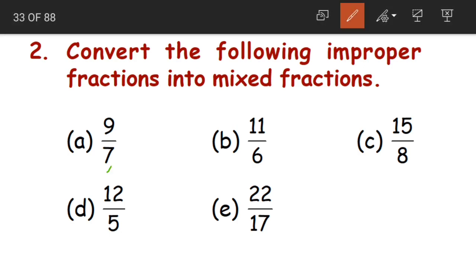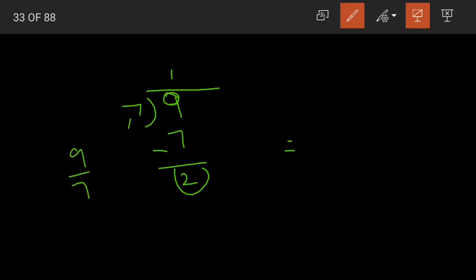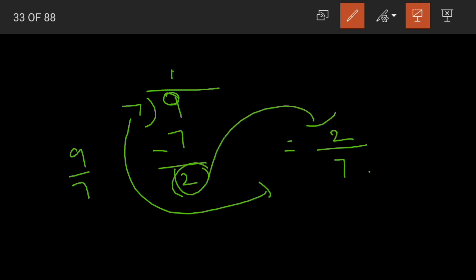Let us look at a few more examples. 9 by 7. 9 divided by 7. We have 7 ones are 7. When we subtract, 2 is our remainder. Yes. See, the divisor is our denominator, the remainder is our numerator and the quotient will be our whole number.